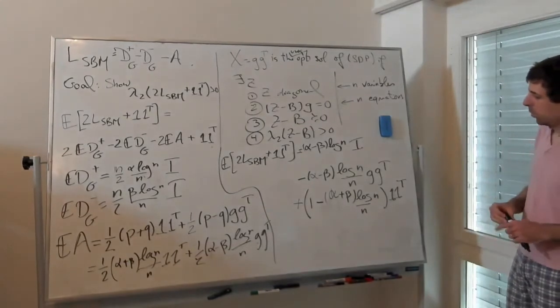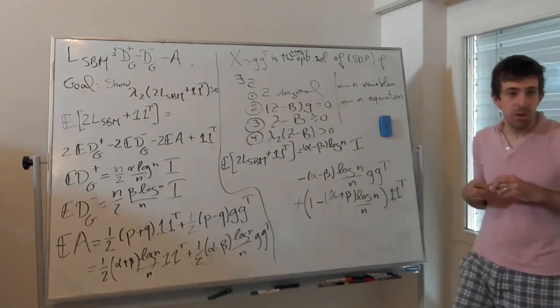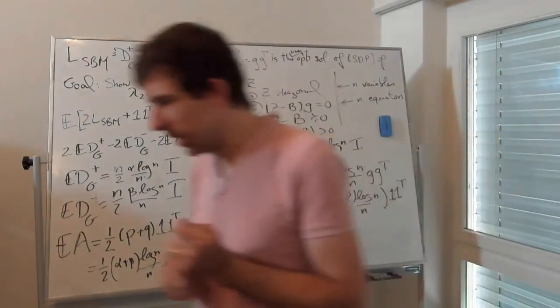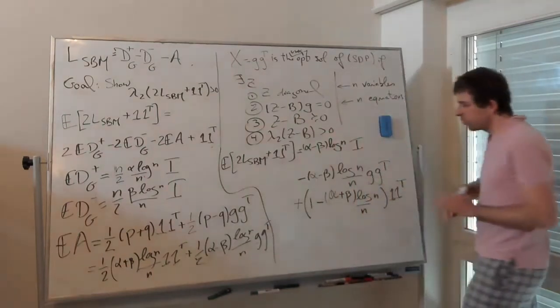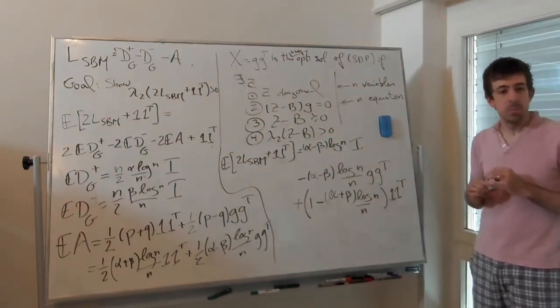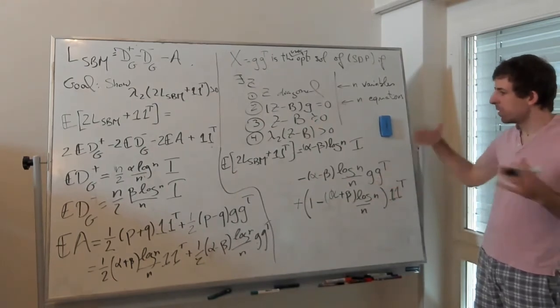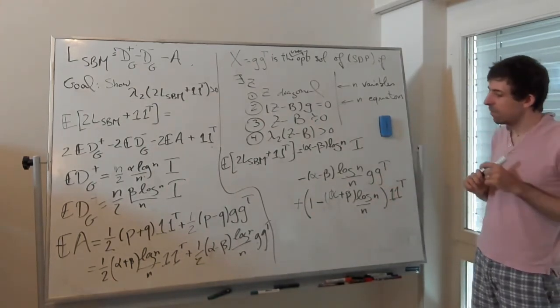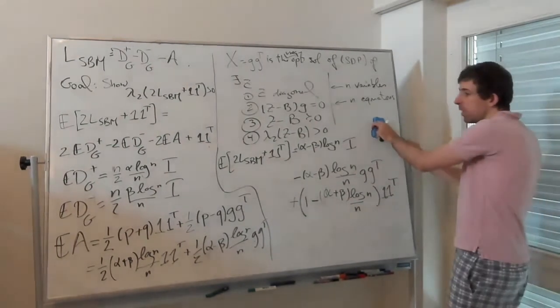Okay, so now we can safely ignore this. We know that for any value that this random variable takes, G is always in its kernel. So what happens at GG transpose can be completely ignored, because it does not matter at all for the second eigenvalue. It's completely irrelevant for the sake of the second eigenvalue.